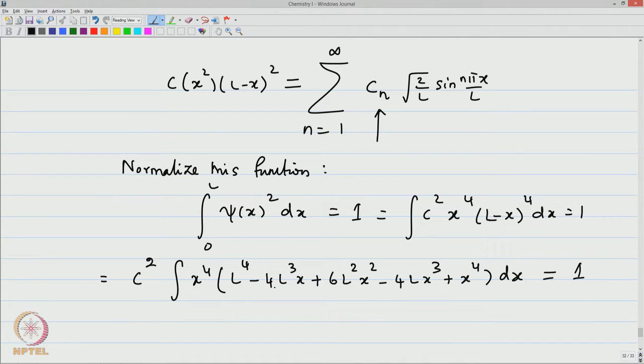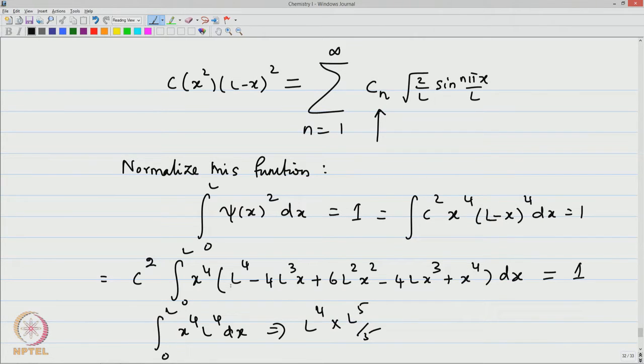It is a fairly simple integral to do, except that there are numerous terms. The first term, with the limit 0 to L, is x raised to 4 L raised to 4 dx, and that is L raised to 4 times x raised to 5 by 5 between the limits, which is L raised to 9 by 5.